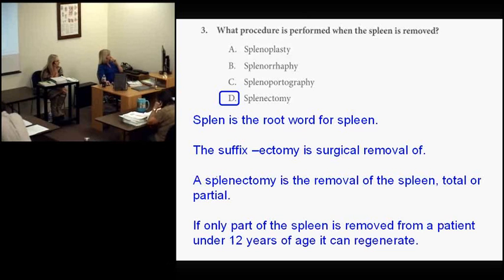If only part of the spleen is removed from a patient under 12 years of age, it can regenerate. Isn't that amazing? The liver we know regenerates. Now they're trying to figure out what is in the cells of the liver and the cells of the spleen when the child is 12 years of age or younger, that we can regenerate that organ.